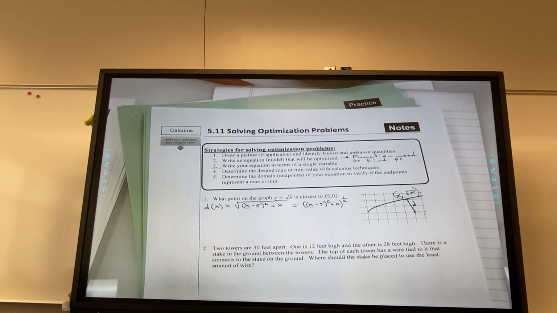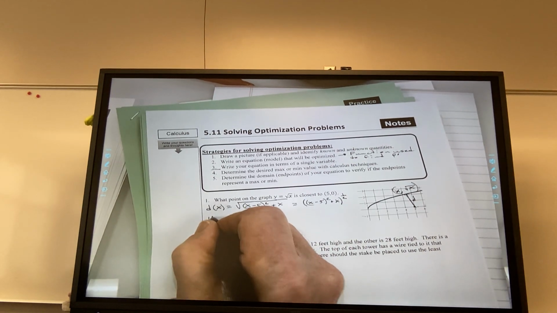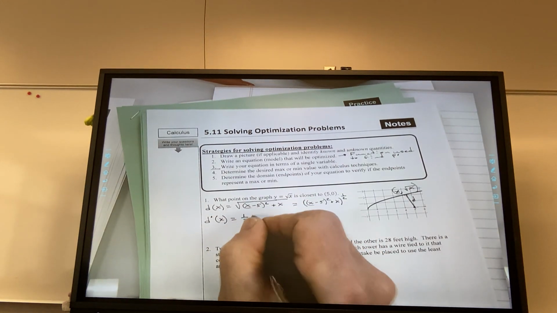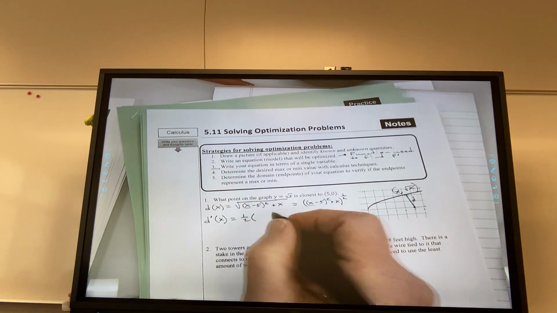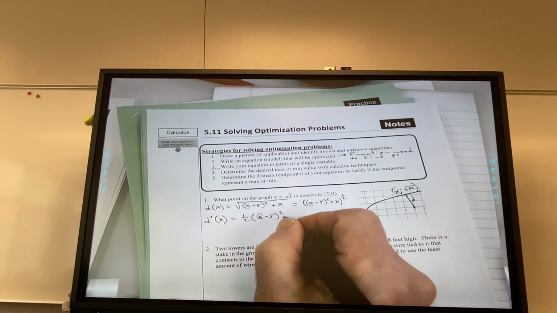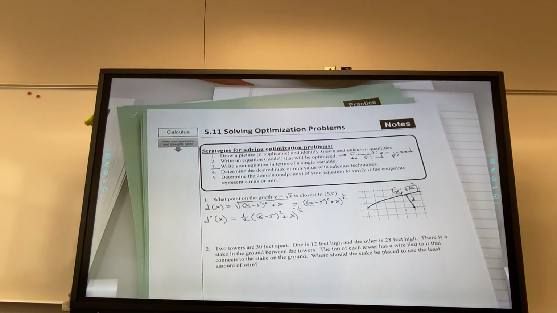That's the method I'm going to use. In both cases, you would have to use the chain rule. All right, so it's going to look like this. I'm going to have 1/2 parentheses x minus 5 squared, and my voice is starting to die, plus x to the negative 1/2. Is everybody okay with that?